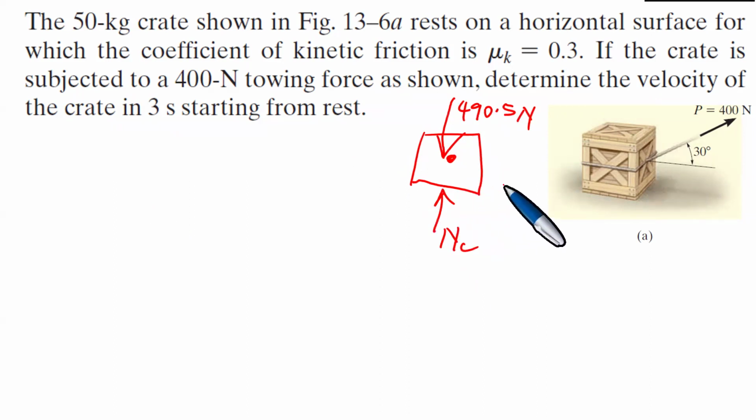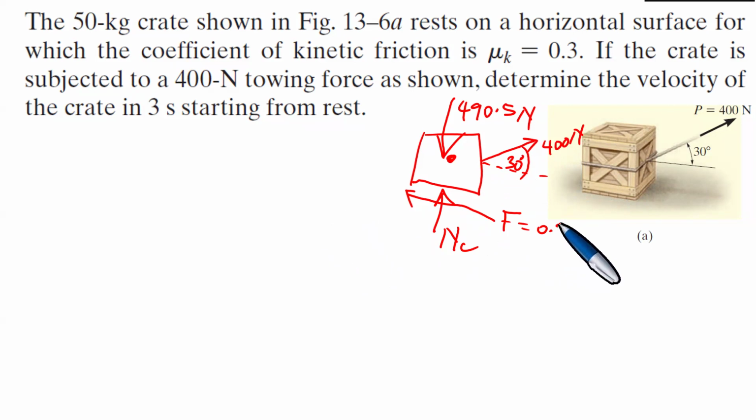We agree that the applied force is pulling the block in that direction, and it is a 400 Newton force at an angle of 30 degrees to the horizontal, like so. We surely agree that we would have a friction force of 0.3 times the normal force.